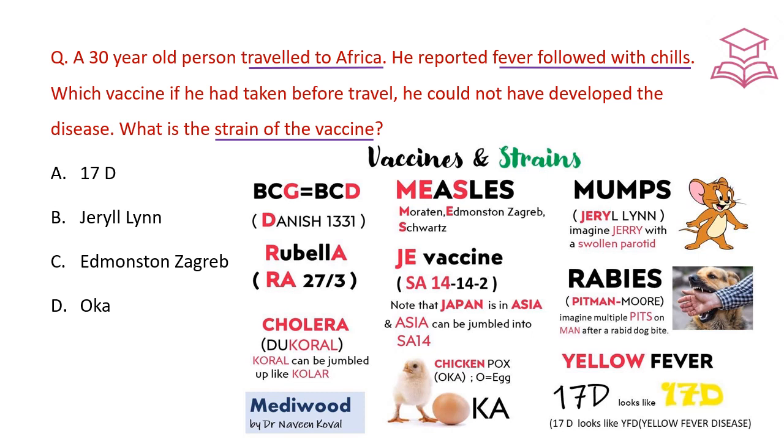Now chicken pox. Chicken pox, the strain is Oka. O is resembling an egg. And in yellow fever, we can write it as YFD, which can be like 17D. So the answer is 17D.